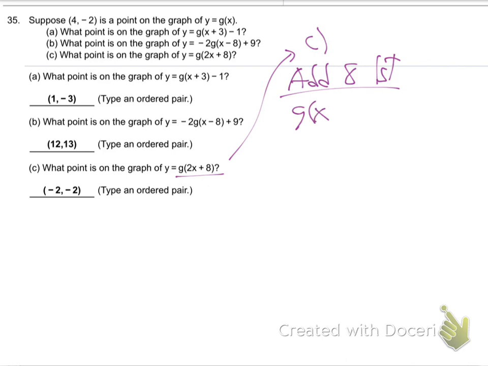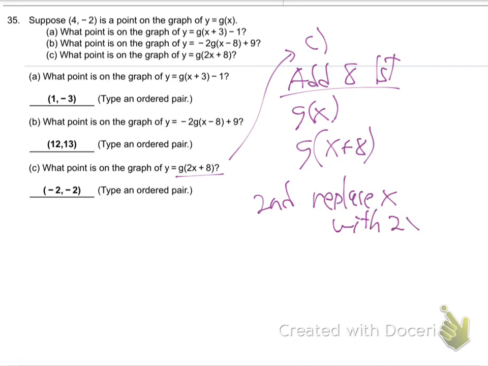So if I take g of x and I replace x with x plus 8, good so far. And then I second replace x with 2x, the multiply step, right? So if you take this x right here and you plug in 2x, it's perfect. That's what they did. So that's just what works.